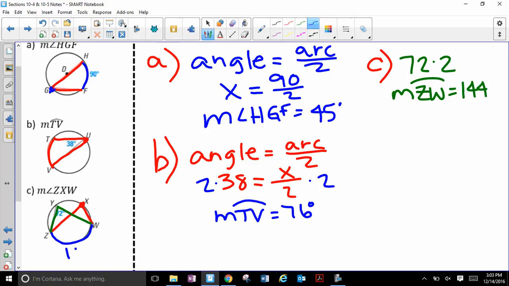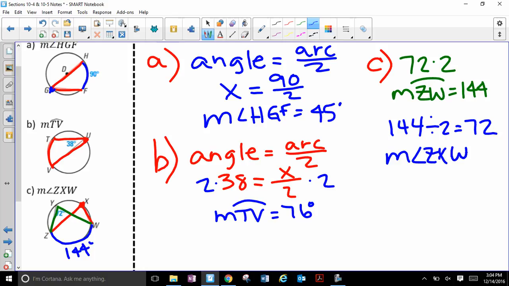So I know this arc is 144 degrees. Well, now we want to get that red angle, which is also an inscribed angle, and it shares the same arc. So you would take the 144 and divide it by 2, which just ends up being that 72 again. So the measure of angle ZXW is 72 degrees.